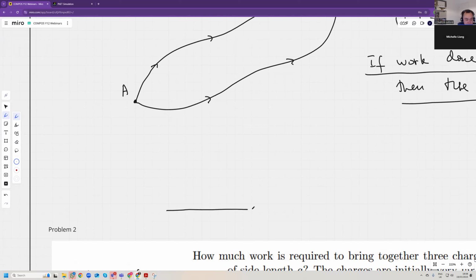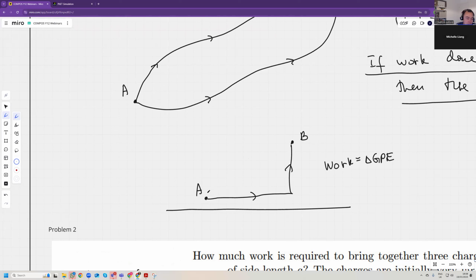Imagine you are in the field of gravity and you're moving from A to B. The work done by gravity is your change in gravitational potential energy. So work is the change in gravitational potential energy. And it doesn't matter if you move like this or like this, the work done by gravity is the same, or like this.